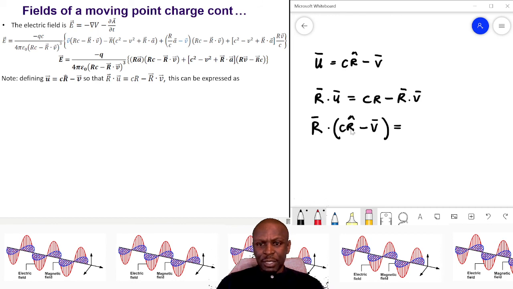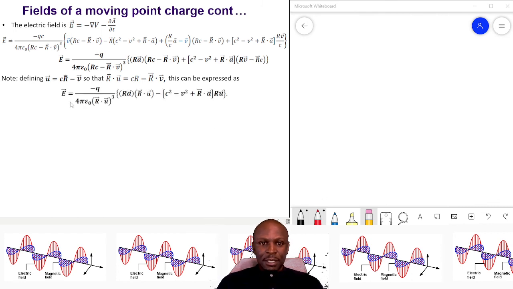The R vector dot this is just going to be CR, the magnitude. And the unit vector is nothing else but the R vector divided by the magnitude of R. And then that will be minus R dot V. So that's correct. So you have that.